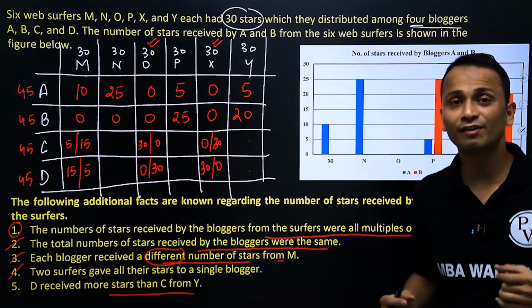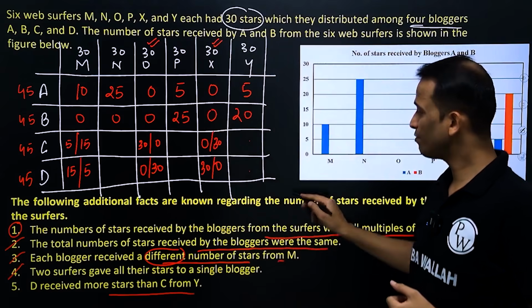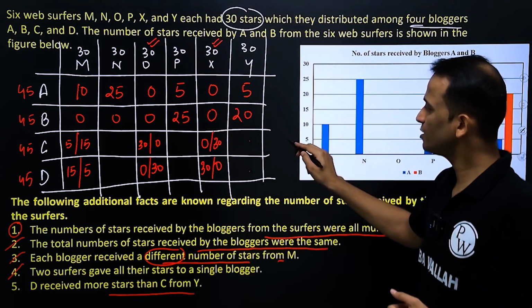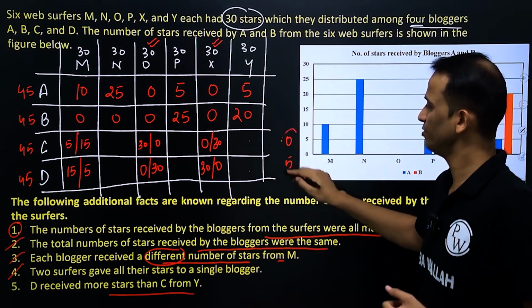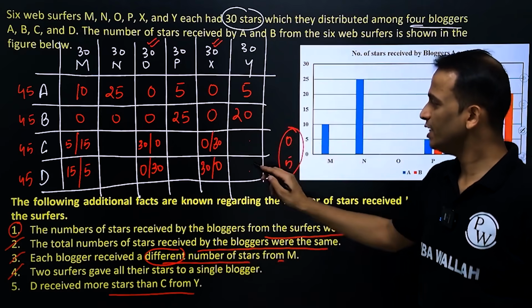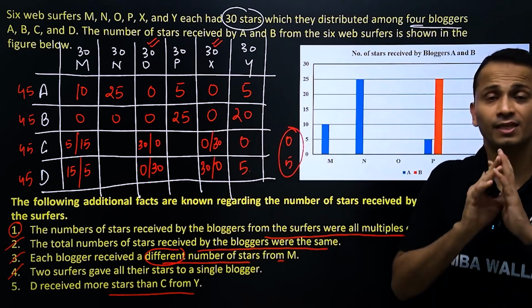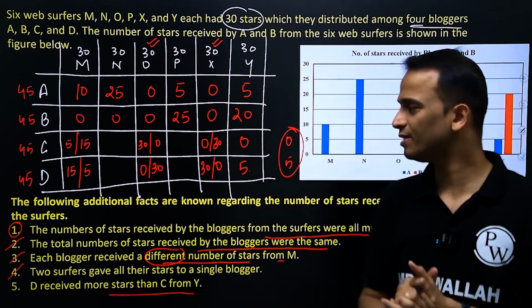We already know that if the stars are given, it will be a multiple of 5. So this remaining number 5 will be divided in 2 parts, 0 and 5, right? Now D received more than C, so D received 5 and C received 0 stars. This is clear. All right.